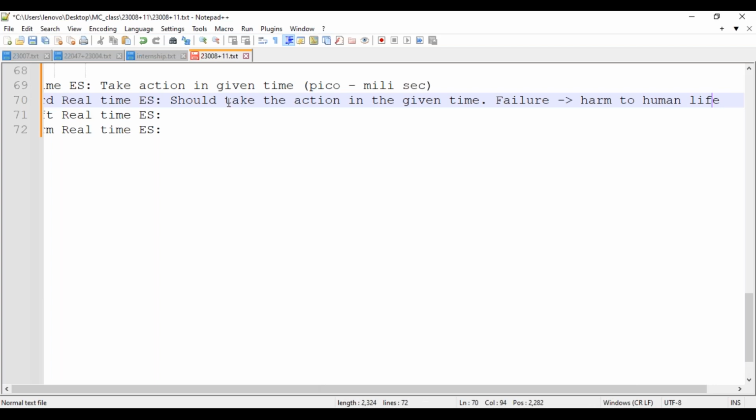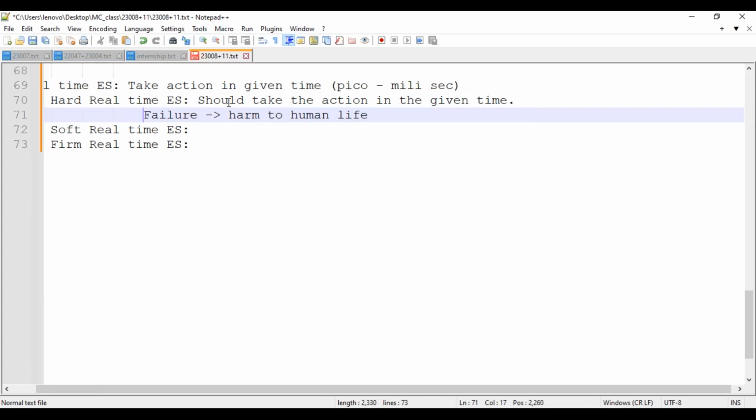So that is a hard real-time system: should take the action in given time, and failure is going to lead to harm to the human life.